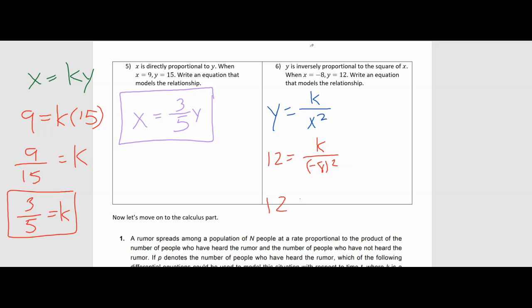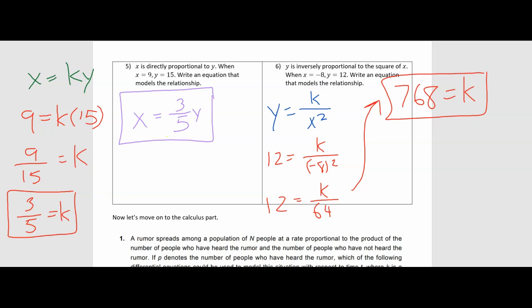That gives me 12 is equal to k over 64. You may have to break out your calculators here. 64 times 12 should be 768, so k is equal to 768. So my final equation becomes y is equal to 768 divided by x squared.